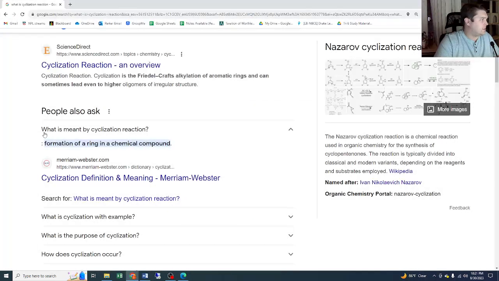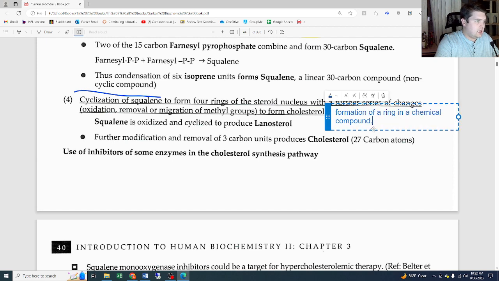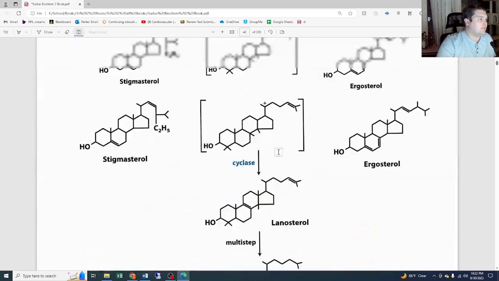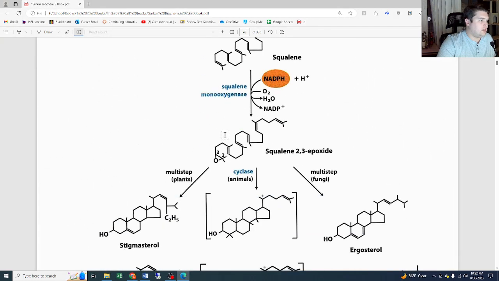So a cyclization reaction specifically is the formation of a ring in a chemical compound. So cyclization of squalene is literally saying that it's forming into the ring structure. The squalene is oxidized and cyclized to produce the lanosterol. We can see that here, squalene gets acted on, does all of its stuff.